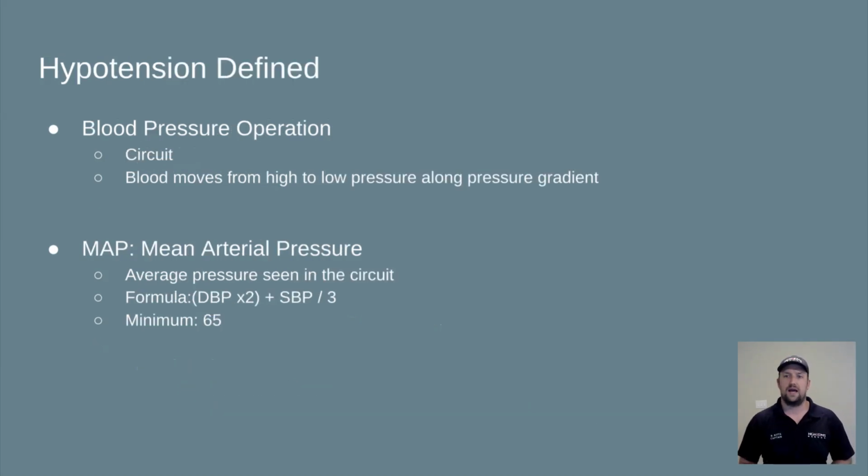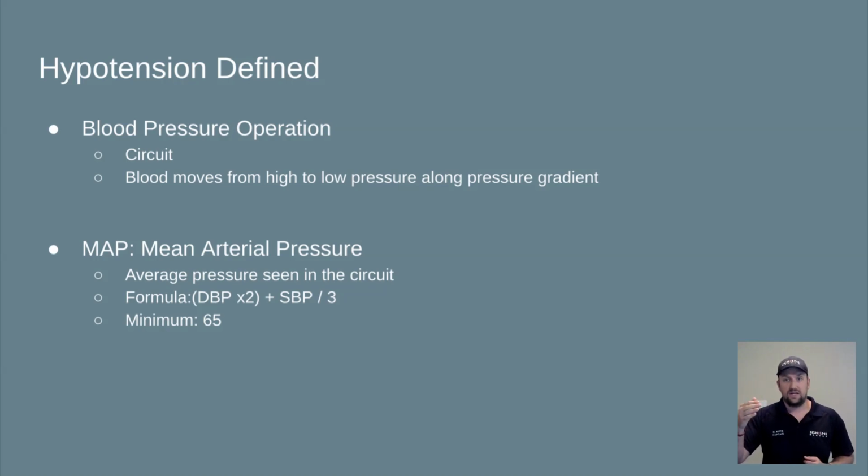Before we define hypotension, I want to first look at blood pressure operation and MAP. For blood pressure operation, we're looking at the entire circuit, so the heart and all of the blood vessels. How blood pressure actually operates is when the left ventricle contracts and ejects the blood into the aorta, it creates a really high pressure in the circuit in the aorta.